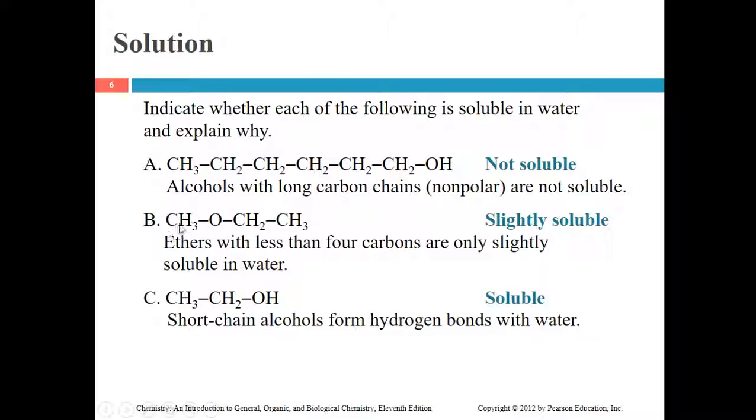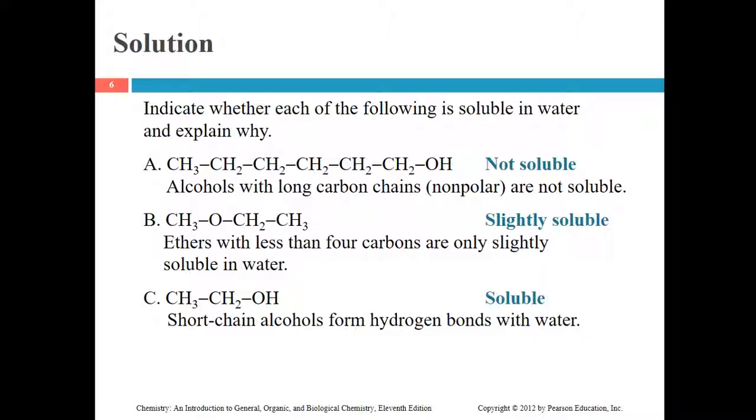All right, here we have an ether with 3 carbons. It's still in the okay range, but it's only slightly soluble. Here we have a very short-chained alcohol, a 2-carbon alcohol, and that's good enough that the OH will form hydrogen bonds with water. The carbon part is not long enough to encompass the whole molecule.